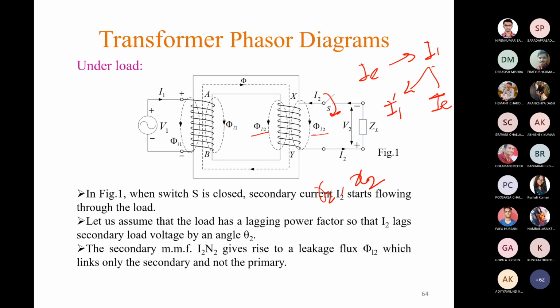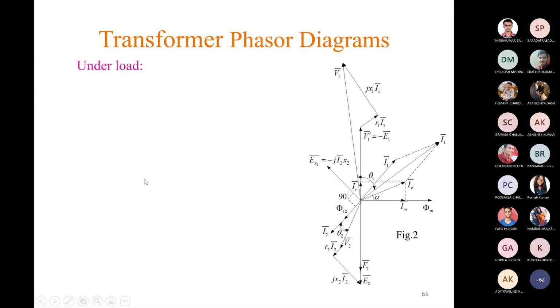The secondary MMF I2 N2 gives rise to leakage flux phi L2, which links only the secondary winding and not the primary winding. So this is the complete phasor diagram of a practical transformer under loaded condition.